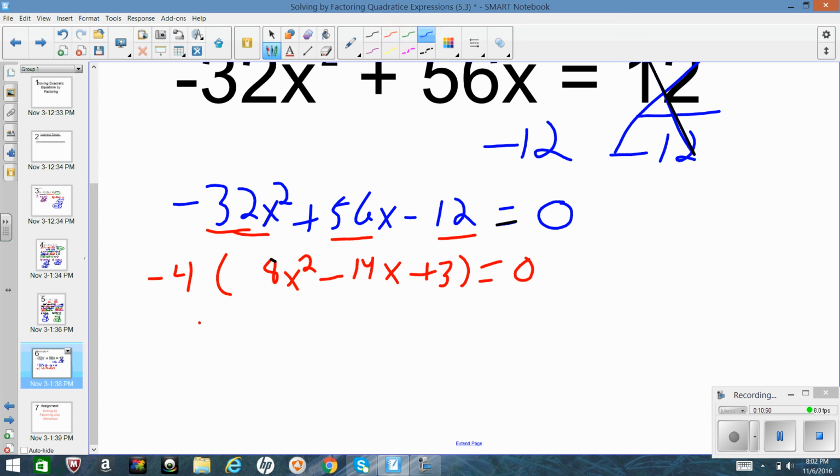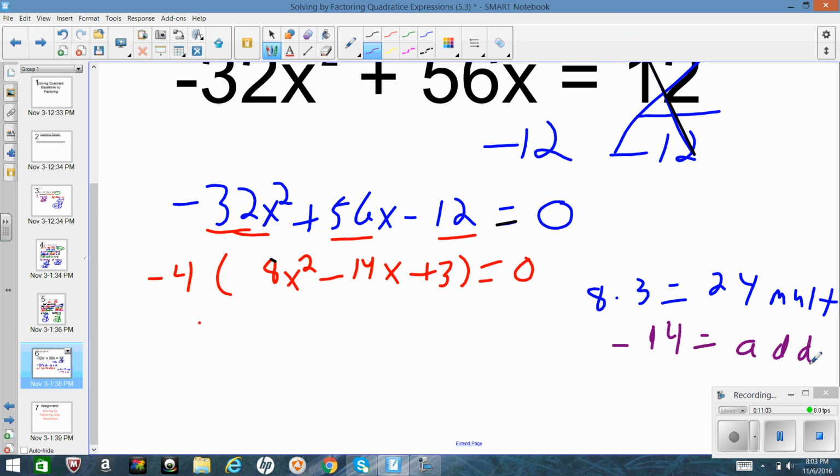So now I'm going to take 8 times 3, which would give me 24. That's what I want my first and last terms to multiply to, and -14 is what I want to add to.